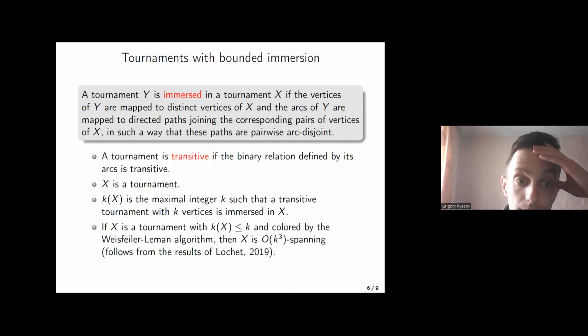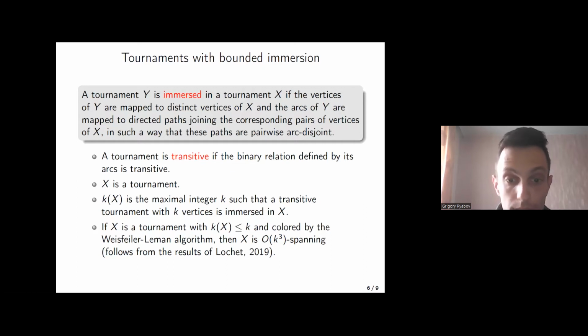Denote by k(X) the maximal integer k such that a transitive tournament with k vertices is immersed in X. Now, if we color our tournament X using the usual Weisfeiler-Leman algorithm, and we know that k(X) is at most k, then we obtain a colored tournament which is O(k^3)-spanning.